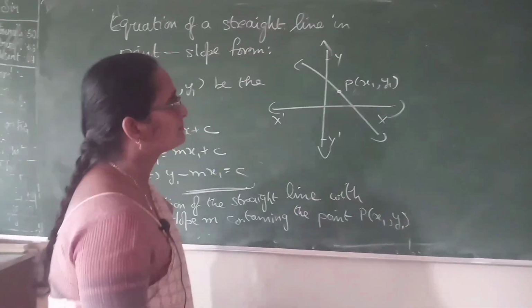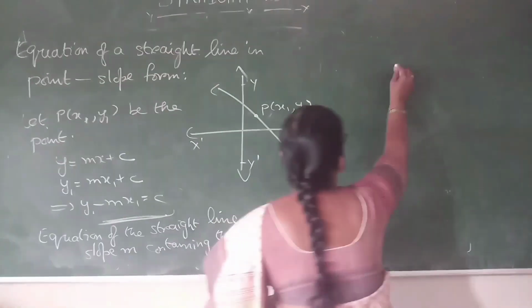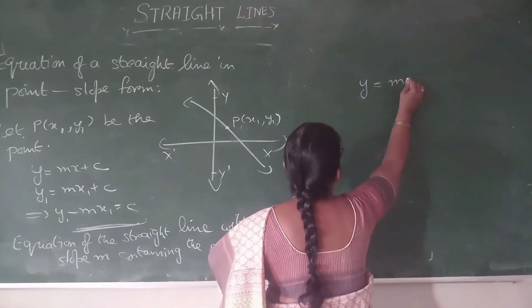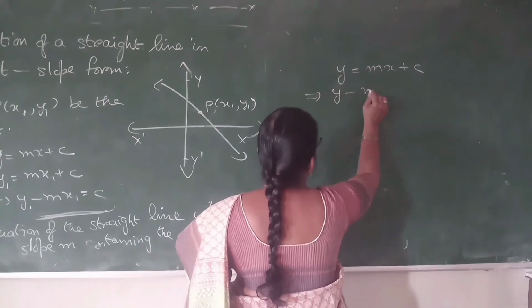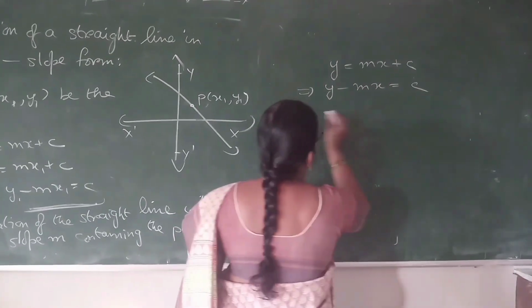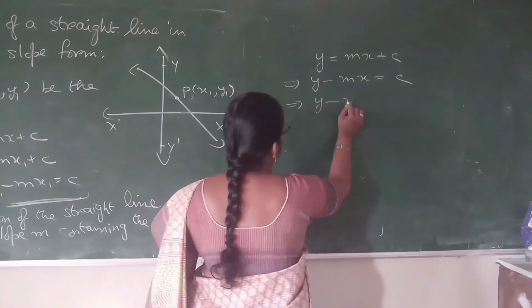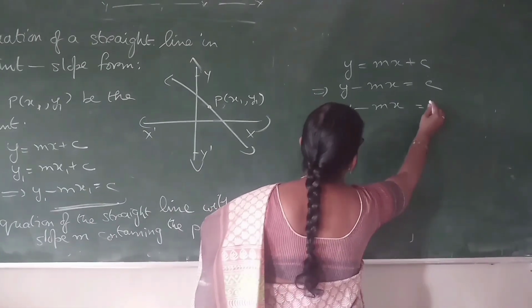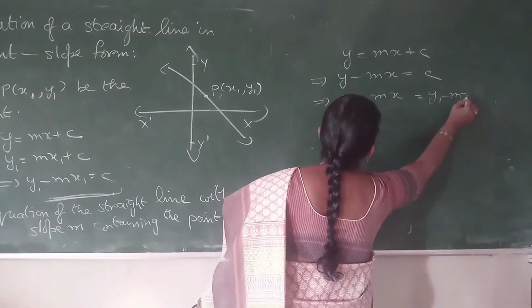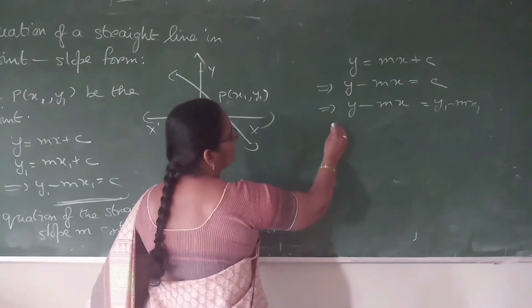That is y equal to mx plus c, which implies y minus mx is equal to c. C is equal to y1 minus mx1. So, what will happen?